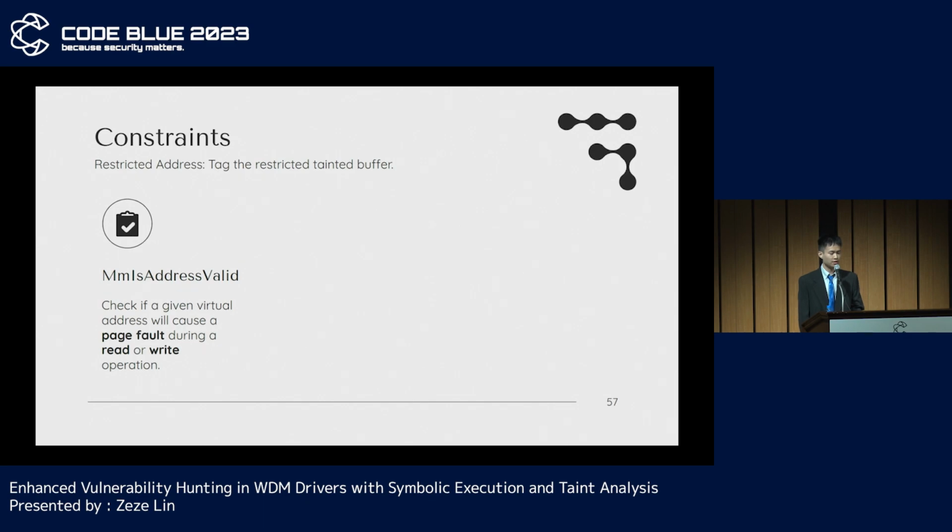There are some APIs that are used to set constraints on the input buffer. For example, MmIsAddressValid is a kernel API used to validate that a buffer is valid for read or write. ProbeForRead is a kernel API used to validate that a buffer is located in user mode and is readable.